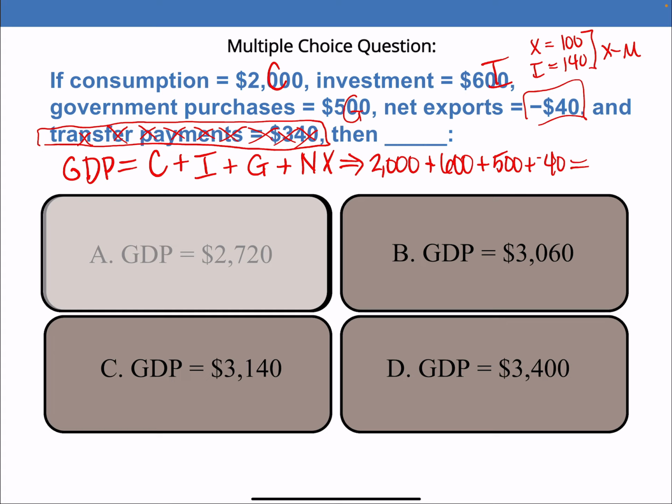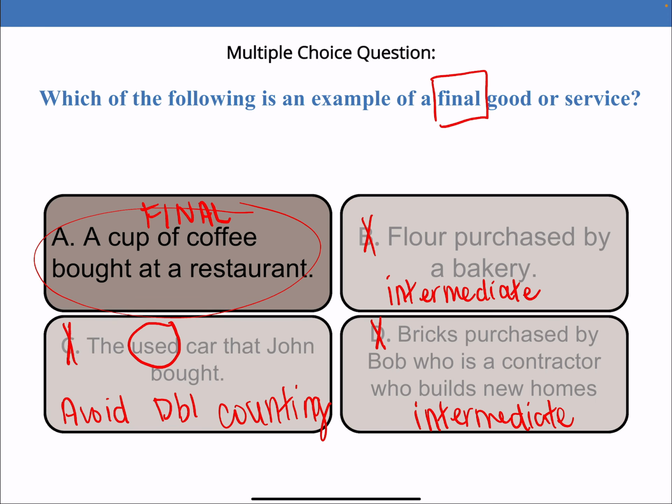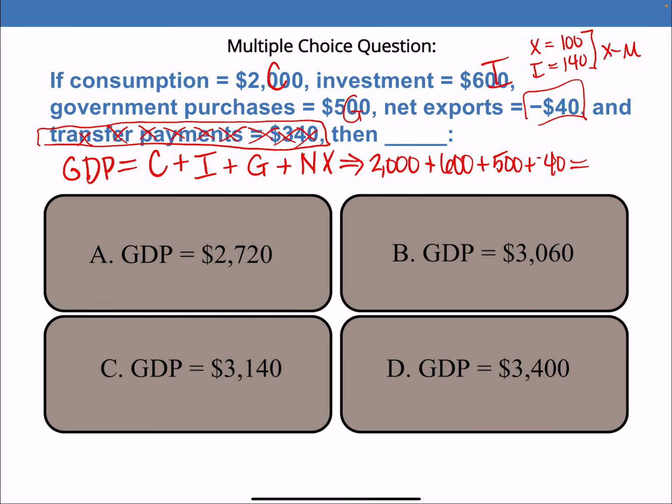And so if we add this together, 2,000 plus 600 plus 500 minus 40, well, 600 and 500 is 1,100. 1,100 plus 2,000 is 3,100. And then we subtract out the 40. Sorry, I'm going the wrong way. $3,060 is our answer.